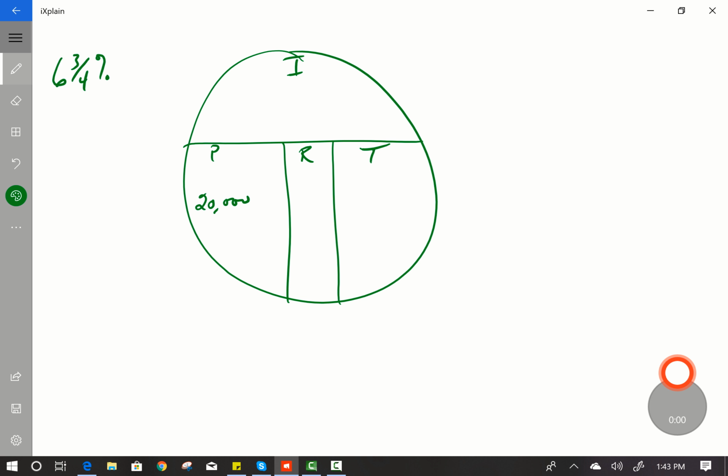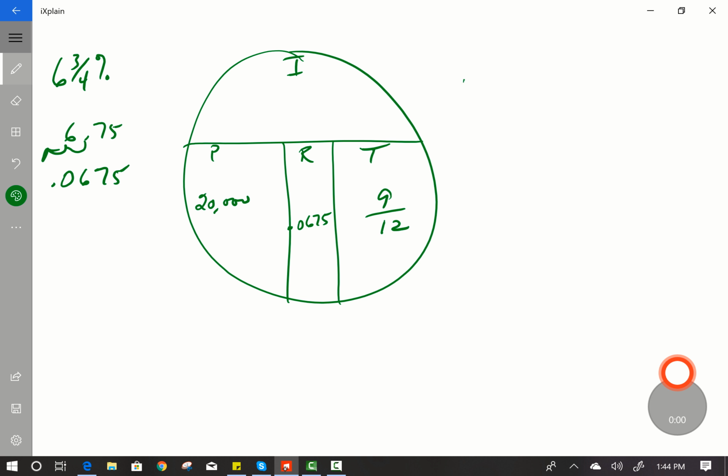Yours may be different, as I mentioned earlier. 3 divided by 4 is 0.75, so that's 6.75, and just move that decimal point 2 places to the left, which is 0.0675. And then the time is 9 months. Since that's a 12-month period, I'll put that over 12.